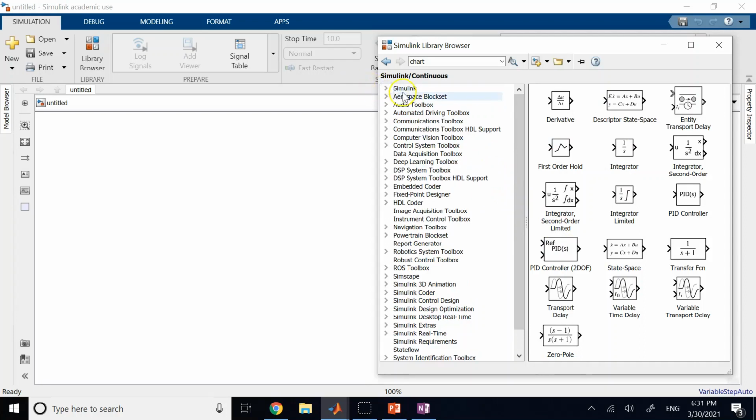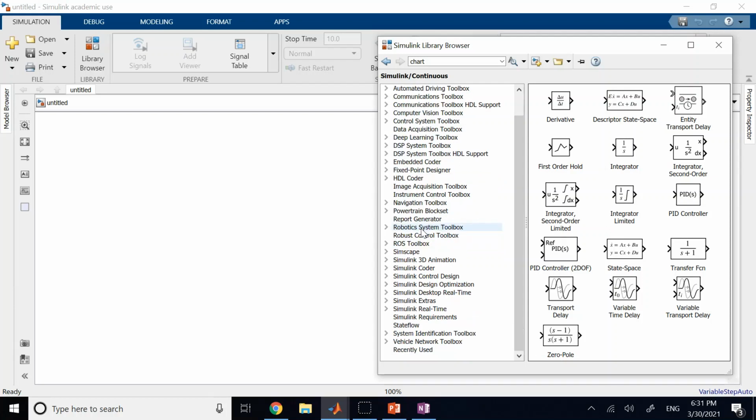And again, also under this window on the left, there are specialized toolboxes, right? For example, there is a specialized toolbox for aerospace, for computer vision, for machine learning, for digital signal processing, for communications, for you name it, robotics, navigations, for audio systems, for all sorts of things.